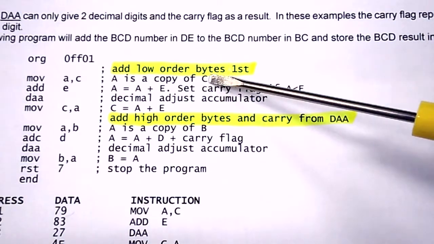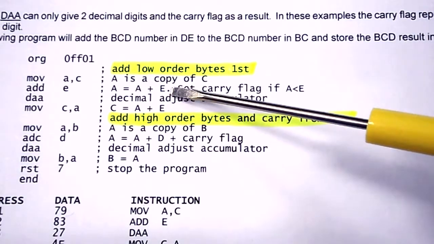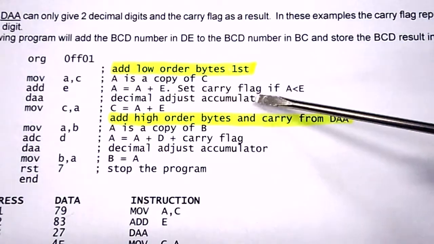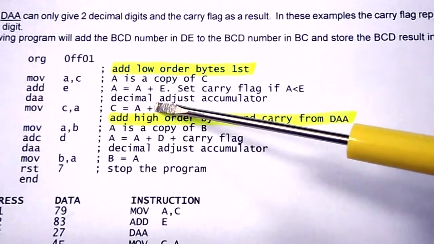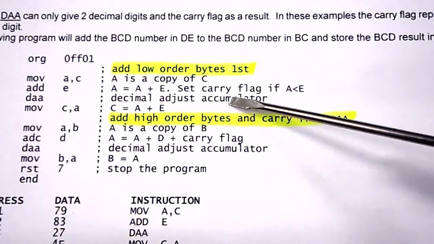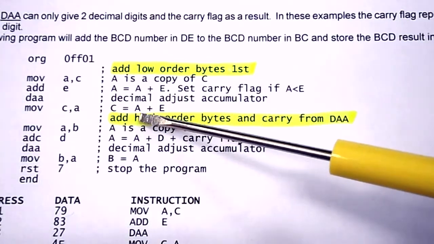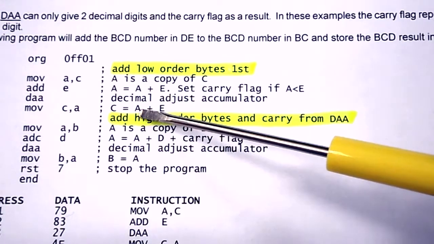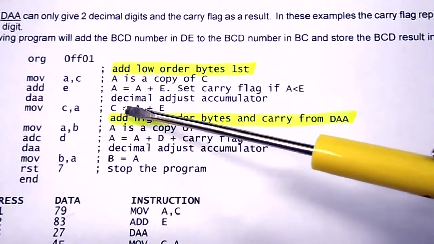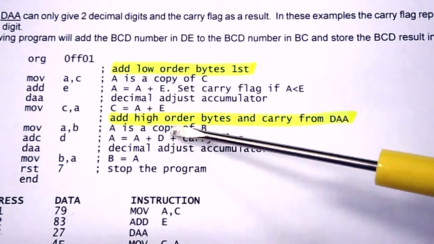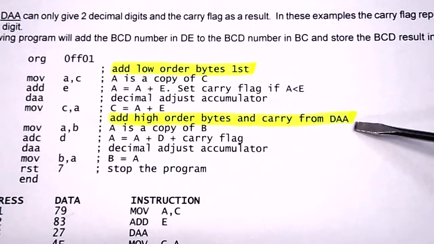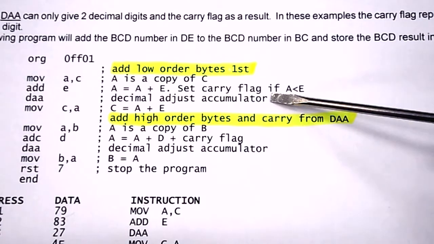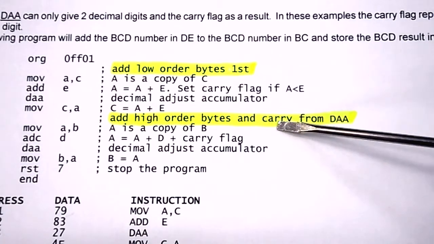So we're going to move C into A, then we're going to add E, and we're going to set the carry flag if A is less than E. We're going to do the decimal adjust accumulator, and then we're going to move A back into C. So that's A plus E gets moved back into C. Then we're going to add the high order bytes and the carry from the DAA. The previous decimal adjust will either set or reset the carry flag, so we have to remember to add that back in.